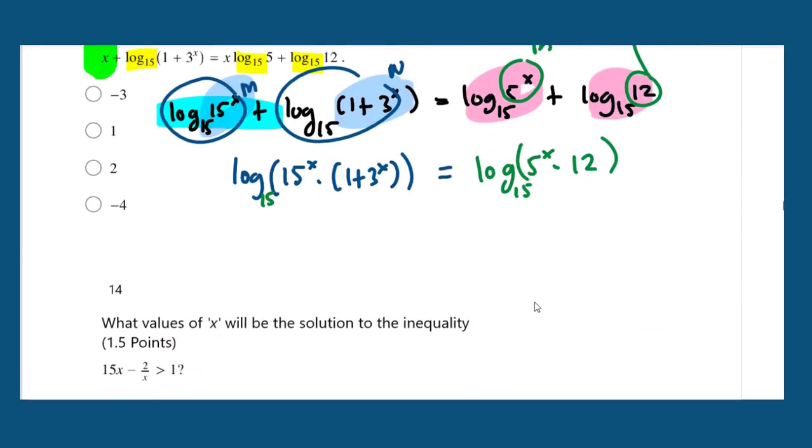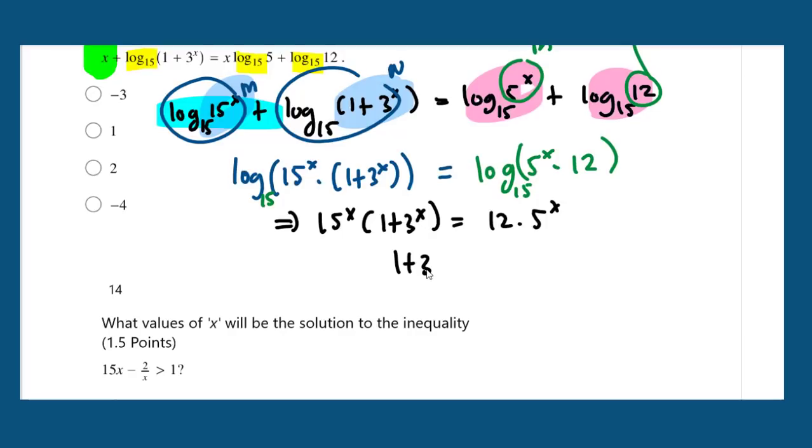Since these have the same base, whatever is inside the bracket is considered equal. Make sure you cannot cancel this one. Then simplify, here is 15 and 5.